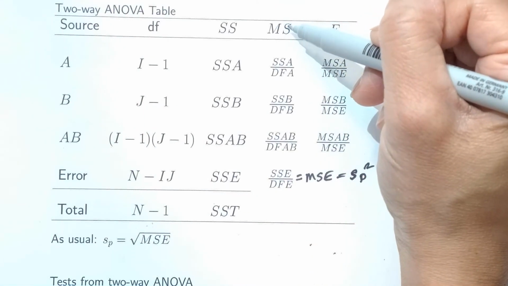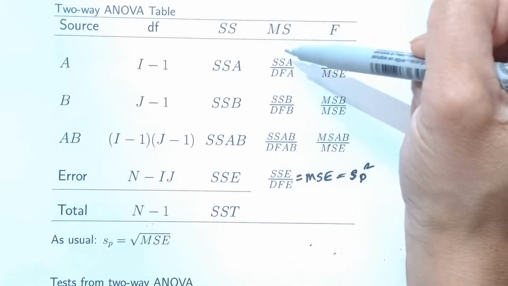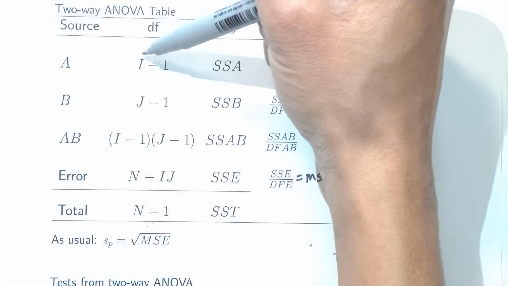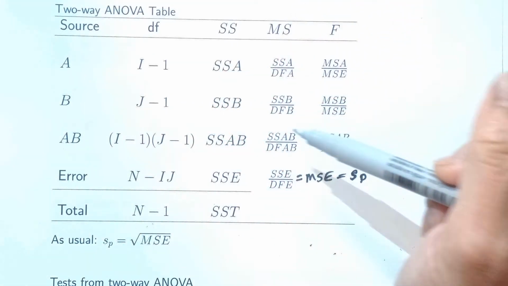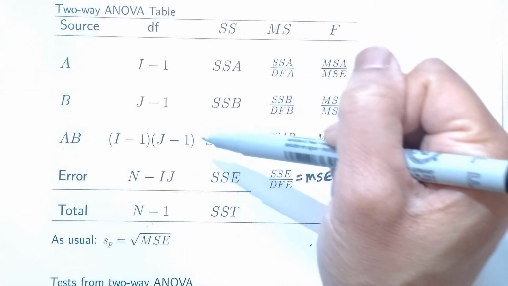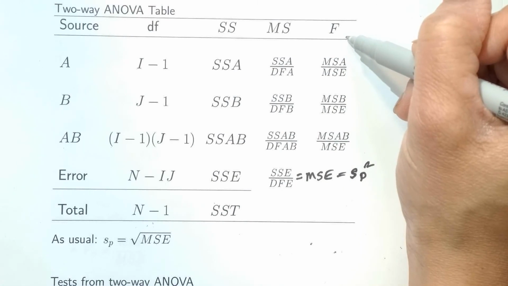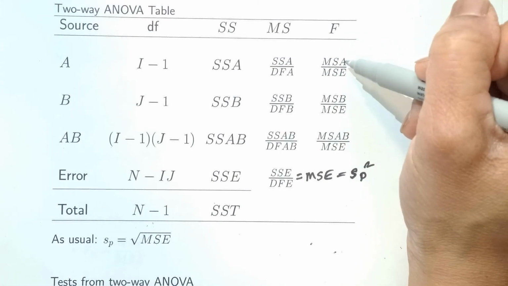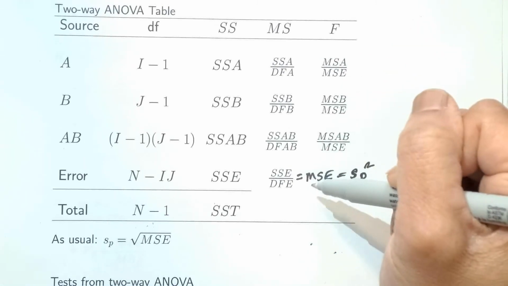So the mean square, same game as we had before. It's looking at the ratio of sums of squares over degrees of freedom for factor A, sums of squares over degrees of freedom for factor B, sums of squares over degrees of freedom for the interaction. And then the F statistic is the mean square for each factor divided by the mean square error.